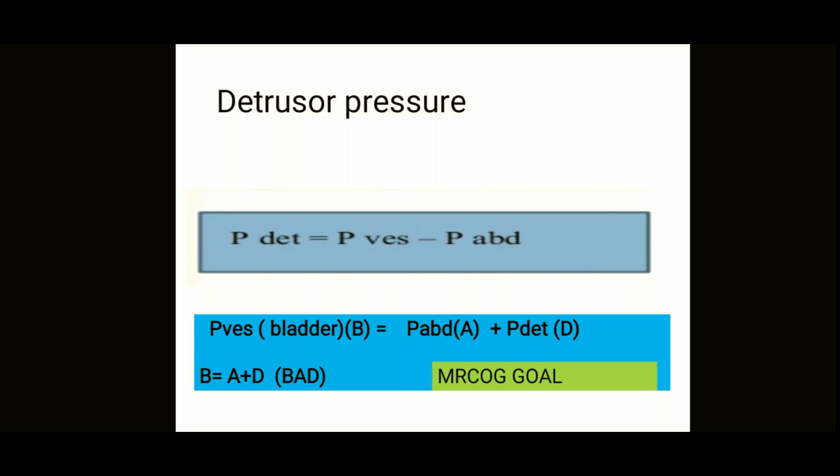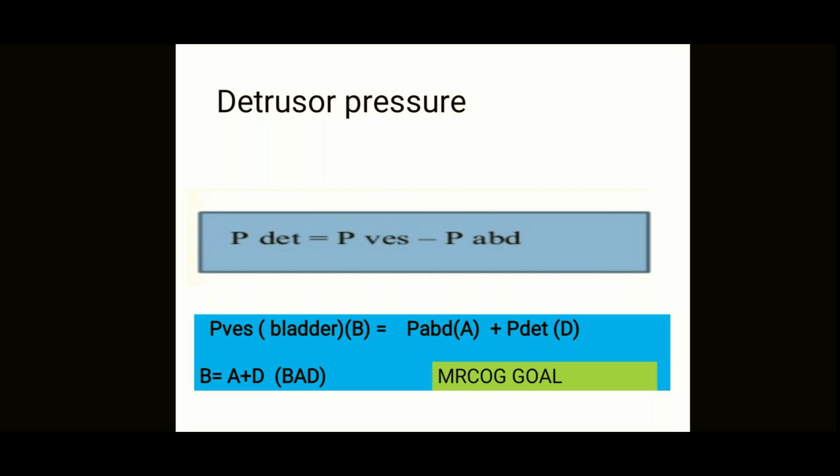So I go with the formula of BAD, which means B is equal to A plus D. B stands for bladder, A stands for abdomen, and D stands for detrusor. So there is no confusion.